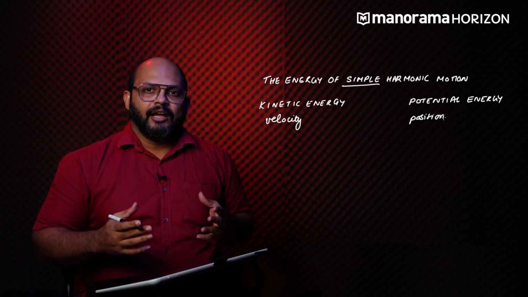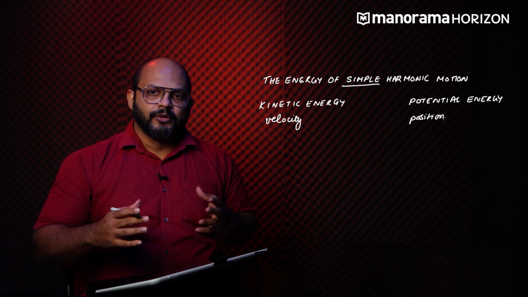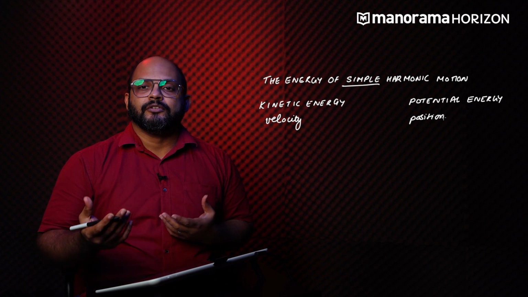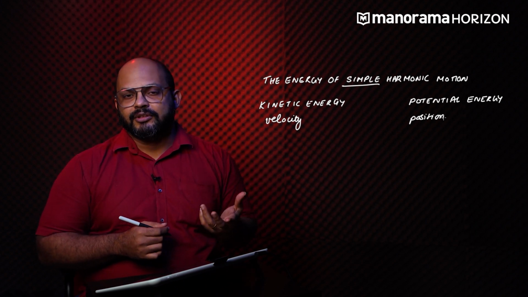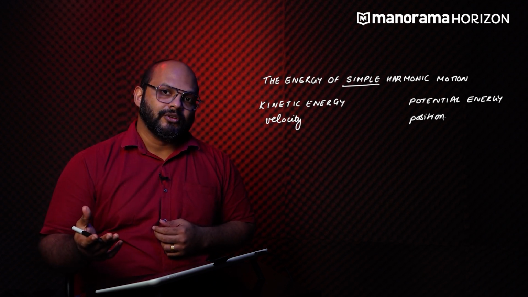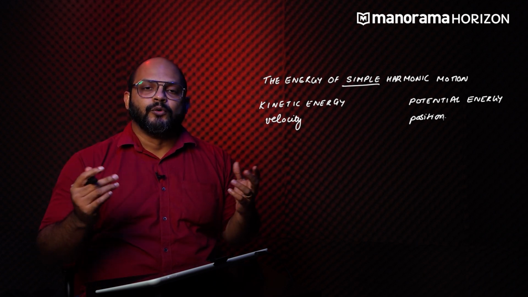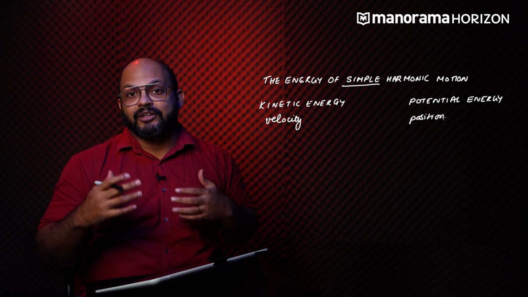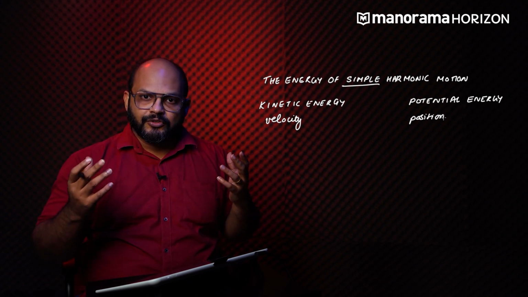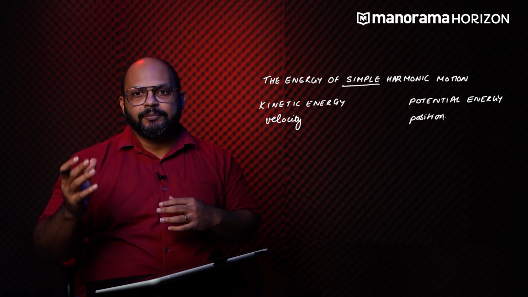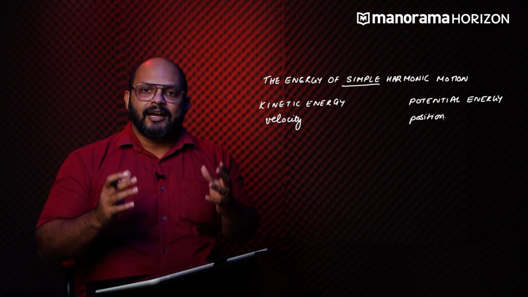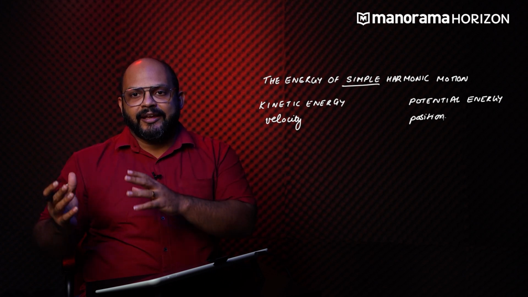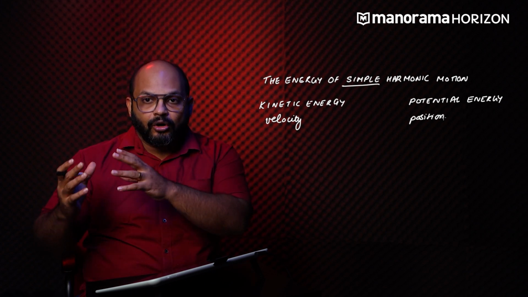Now, you can have energy in a system due to its position when we are dealing with conservative forces. For example, the electrostatic force is a conservative force. The gravitational force is a conservative force. The force exerted by a spring is a conservative force, which means that if you are changing the position of the object under the influence of such a force, that is caused by a change in the potential energy of that object.